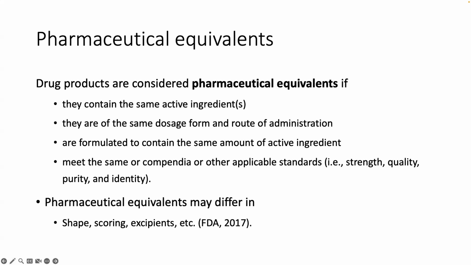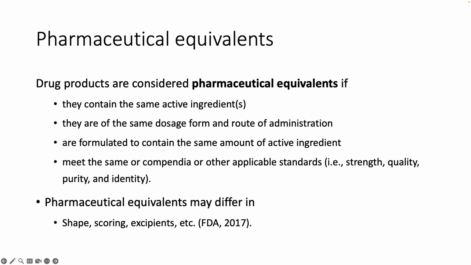They must be of the same dosage form and route of administration as the innovator product. So, for example, they are both tablets, and they are both taken per oral, that's through the mouth, or they are both injectables and injected in the same way, for example, subcutaneously, right? They meet the same compendia or other applicable standards for purity, identity, strength, and quality, right?